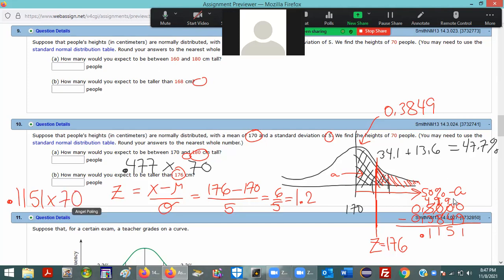So when we multiply those out, A being 0.477 times 70 looks like 33 people about. And for B, 0.1151 times 70 is only 8 people.